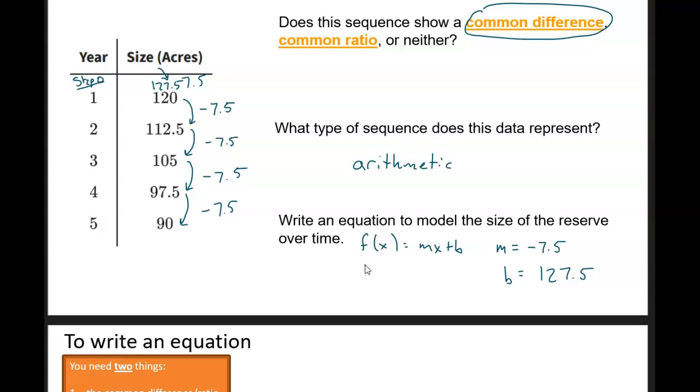So now we just plug those in. F of x equals negative 7.5x plus 127.5. There we go. That's our equation. So that follows the form mx plus b, where m is our common difference and b is our value at step 0.